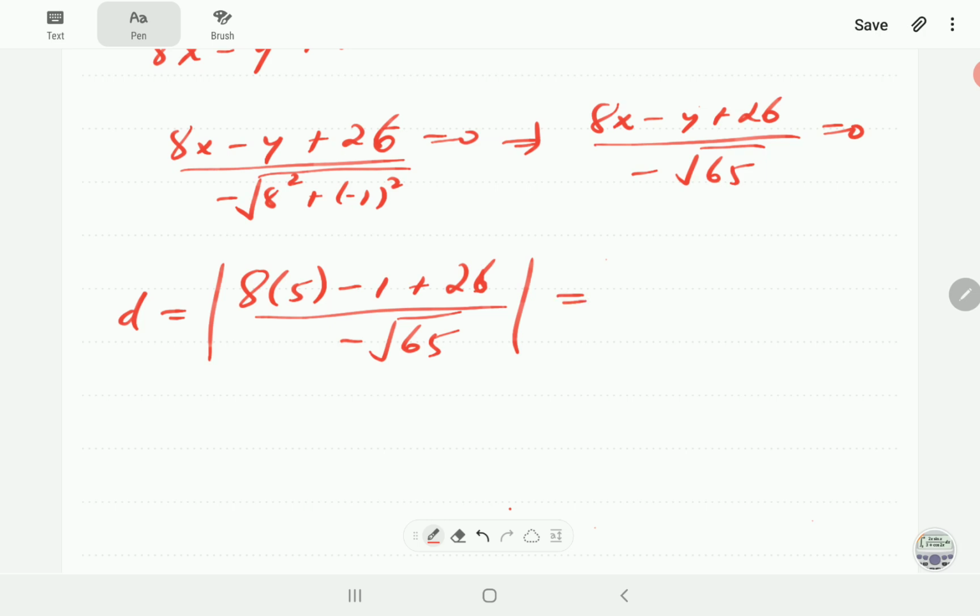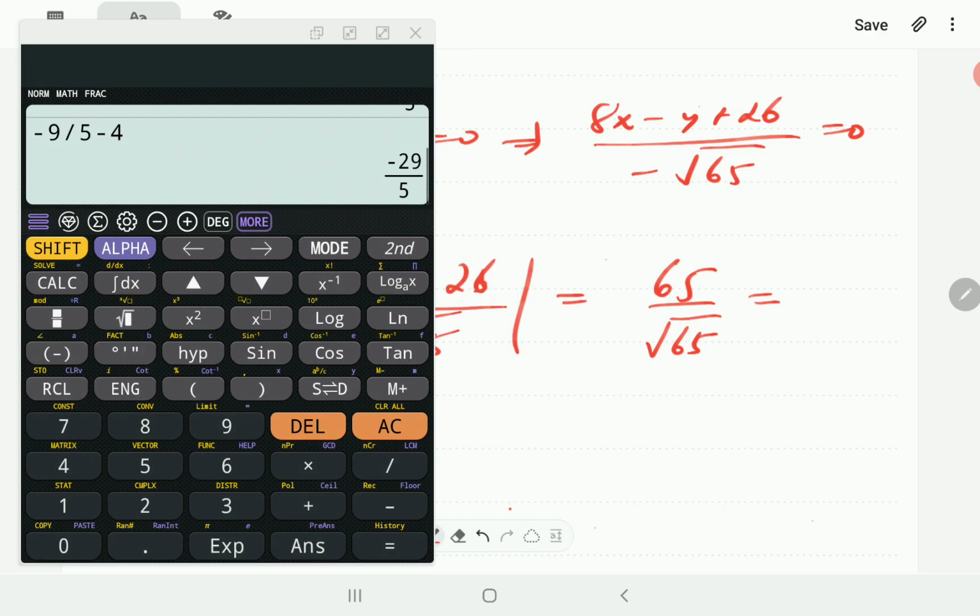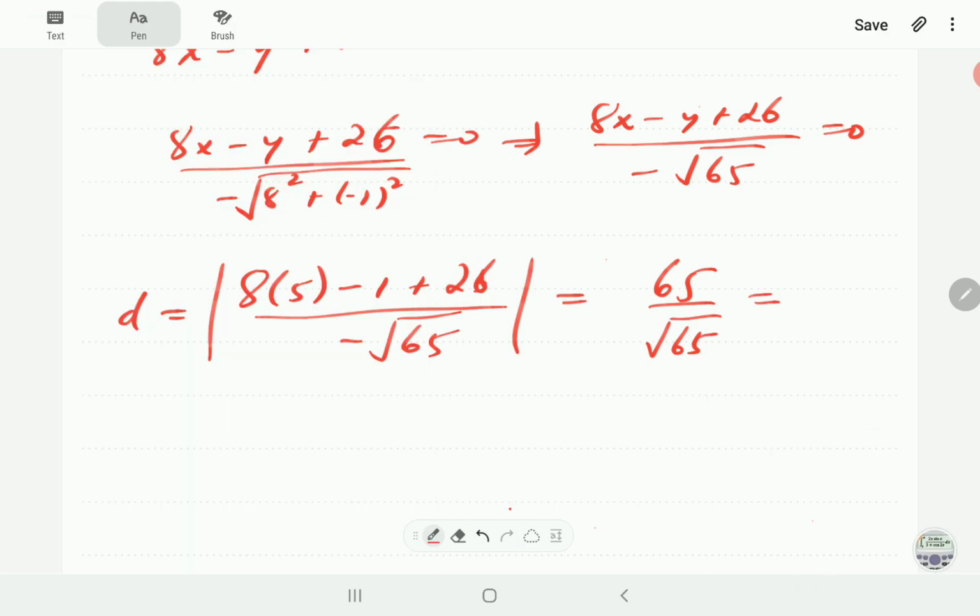So 8 times 5 is 40. 40 plus 26 is 66, minus 1. So this is 65 over square root 65. Taking the absolute value, this is simply square root 65.